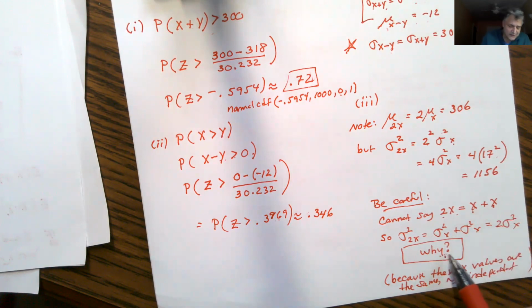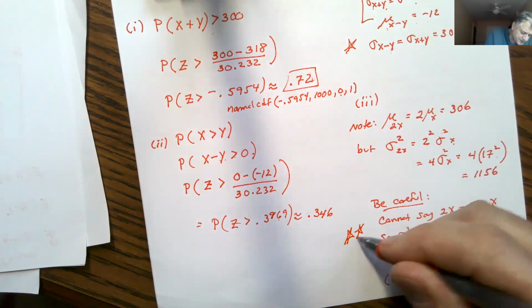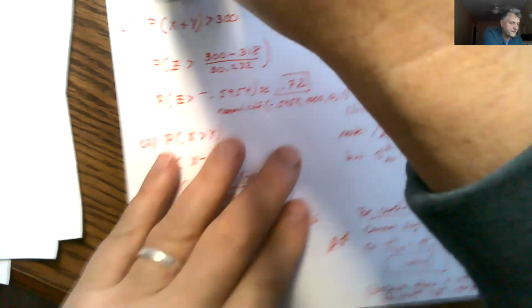So you cannot do that. So just be careful, 2 stars here, okay? Because these x values are the same and they're not independent, you cannot do that, all right? Well, this will make more sense when we see problems related to it.